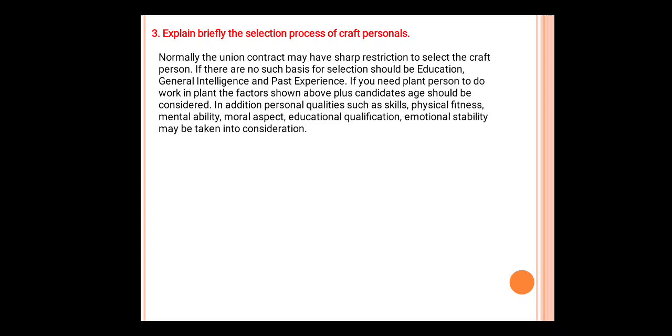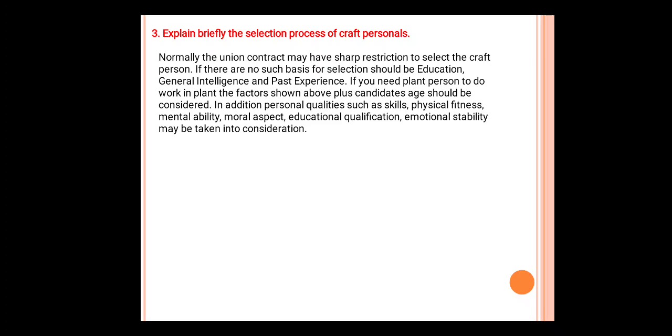Normally the union contract may have sharp restrictions on selecting the craft person. If there is no such restriction, selection should be done on education, general intelligence and past experience, which are to be considered. If you need a plant person to do the work in a plant, the factors shown above plus the candidate's age should be considered.